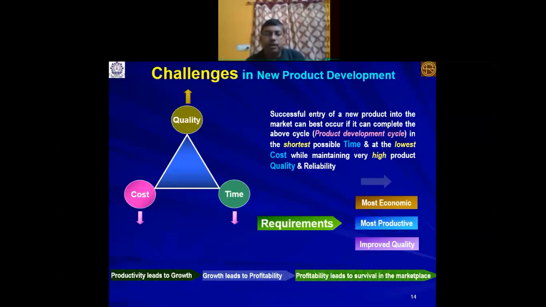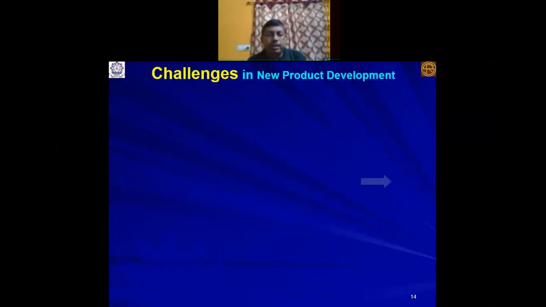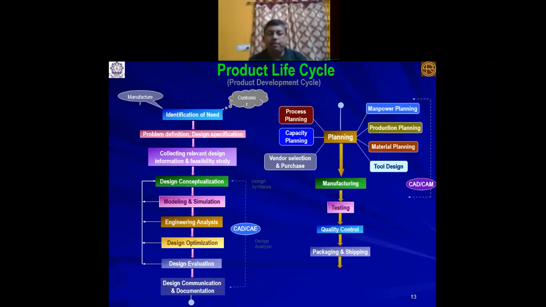So if you are to develop your product with the shortest possible time and lowest possible cost, how will you do that? The first thing is to minimize the time of each and every activity. In the product life cycle or product development cycle, you know the different activities. In each activity, there is involvement of man, machine, material. That means there is involvement of money and time.